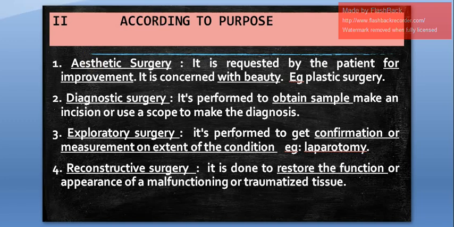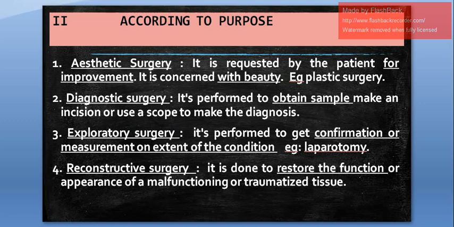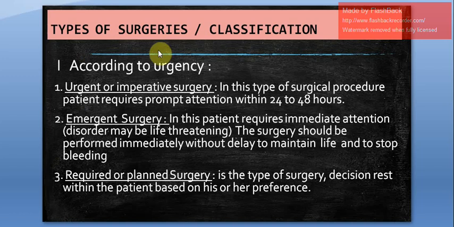Then we will see the suffixes. The suffixes are important because the same suffixes will be coming for different types of surgery. So first of all we will go on to urgency. According to urgency we have got different classifications.